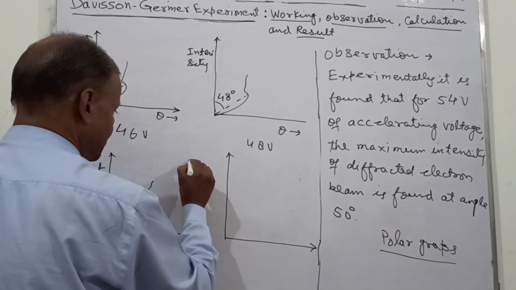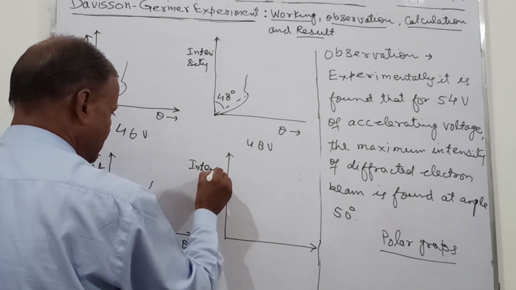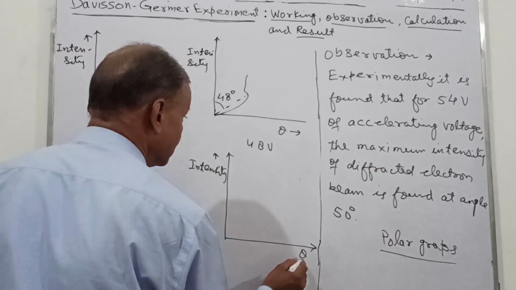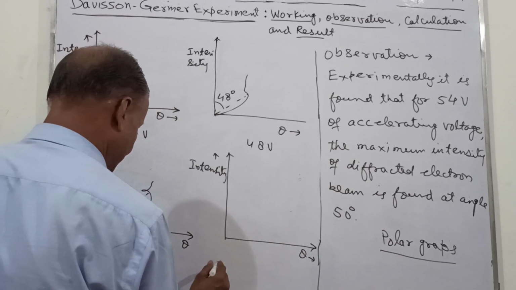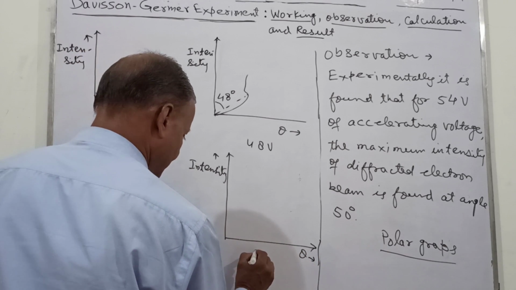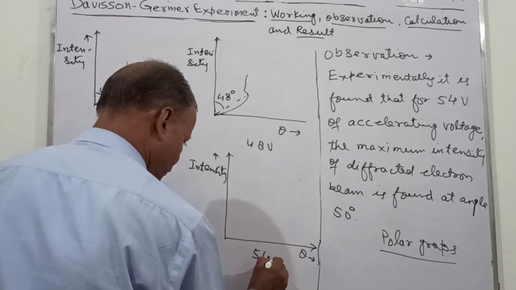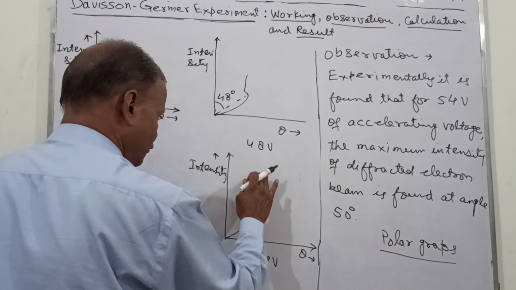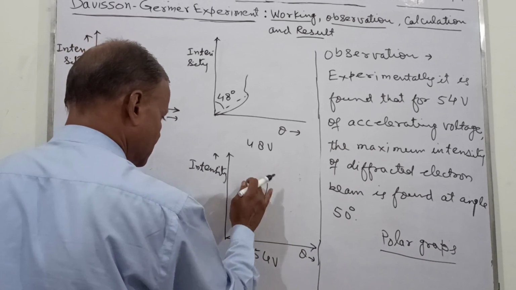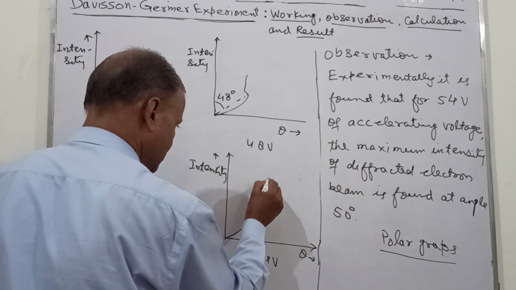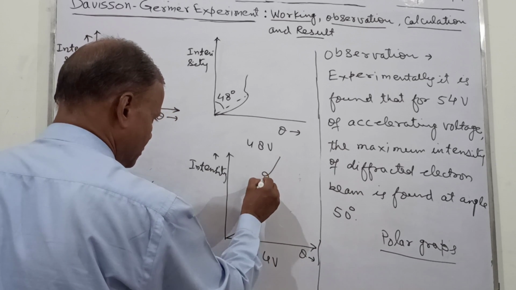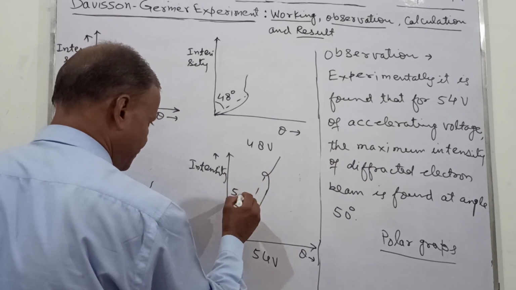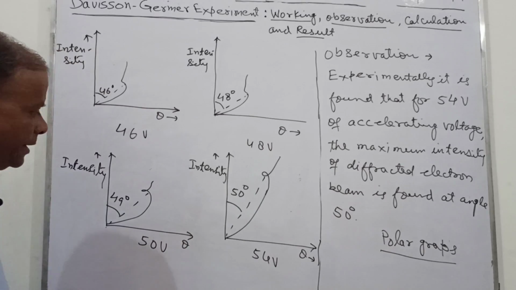This is intensity and this is theta on this side, and this we take 54 volt. Then it is found that the intensity is very large. This angle is 50 degree, very high.